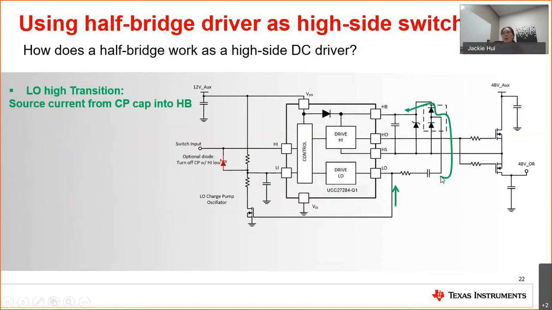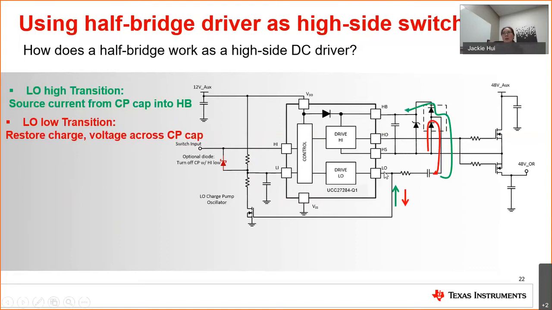In other words, it will push the current from this charge pump cap through these two diodes and to the boot cap. In this action, it refreshes the boot cap and keeps it charged in order to keep the high side MOSFET on.